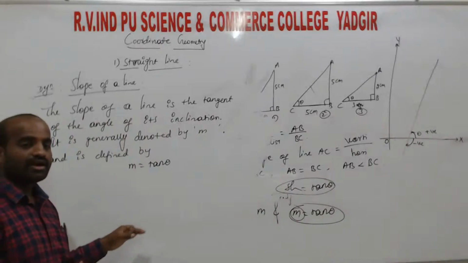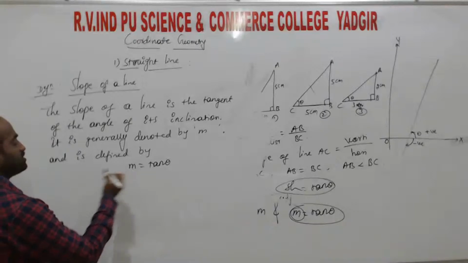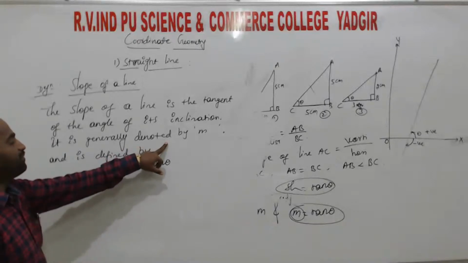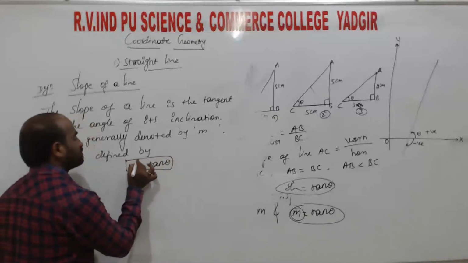Here theta should be positive. m is equal to tan theta, denoted by m and defined by m is equal to tan theta.